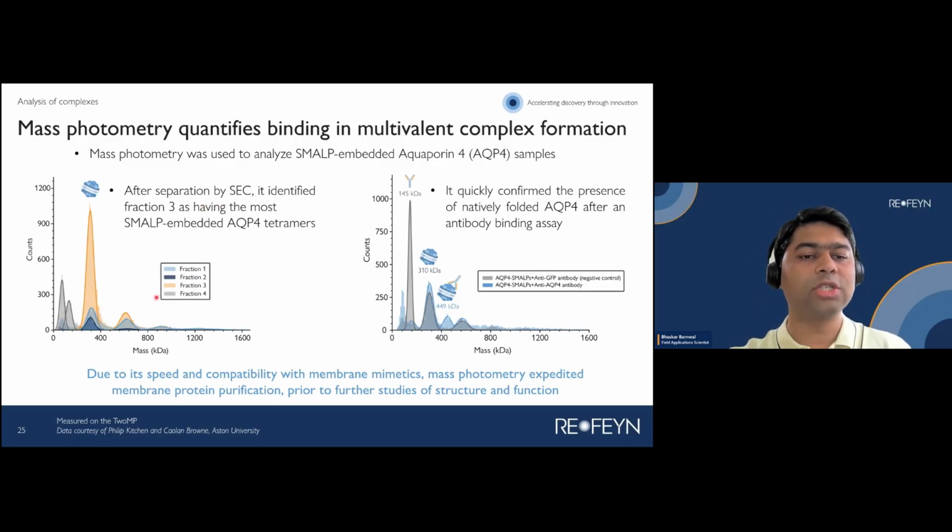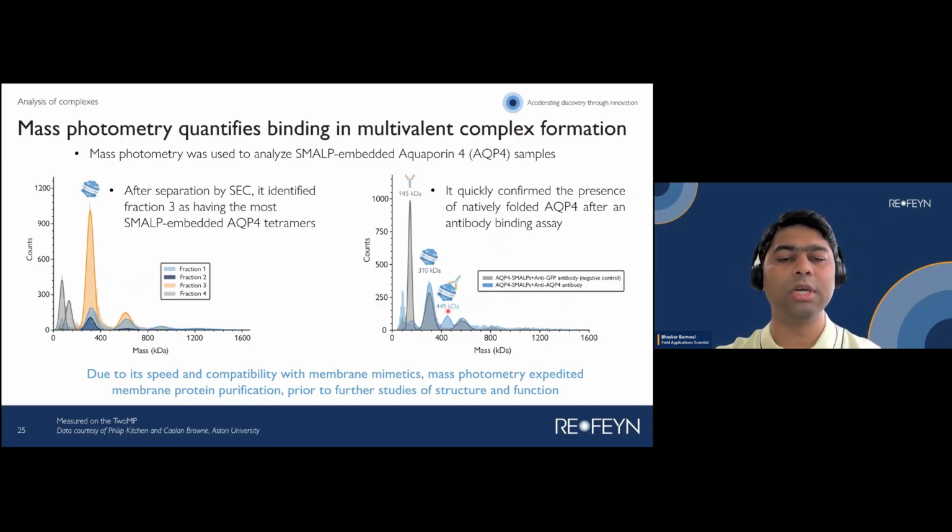After that, different fractions were analyzed by mass photometry, and as you can see, fraction number 3 shows a higher proportion of the SMALP-embedded AQP4 tetramers. And it was followed up by an antibody binding assay to show that the AQP4 embedded in SMALP has been natively folded. So it was incubated with the anti-AQP4 antibody.